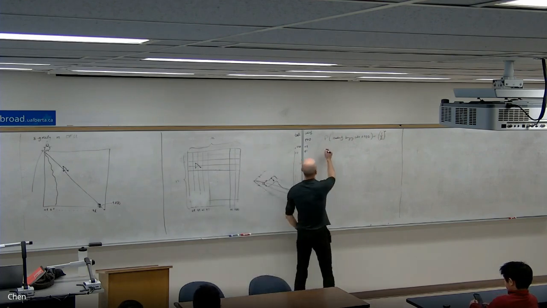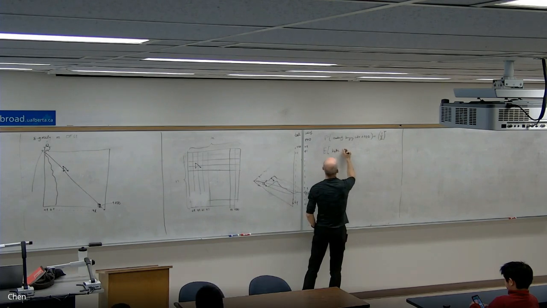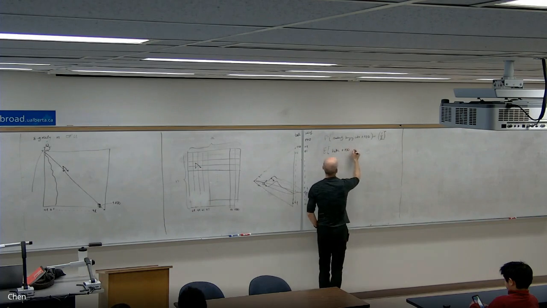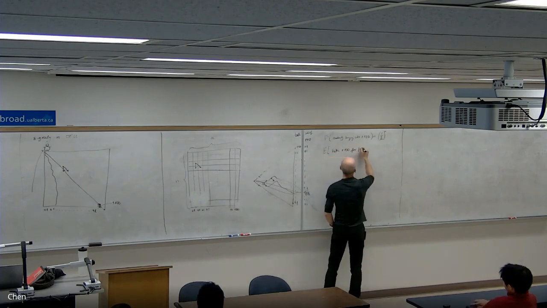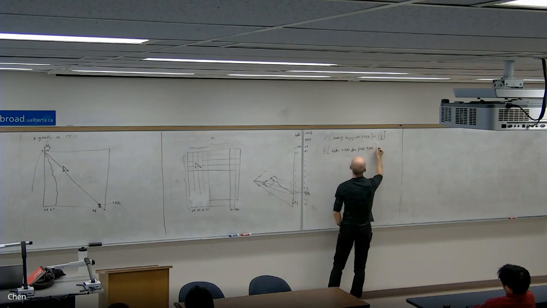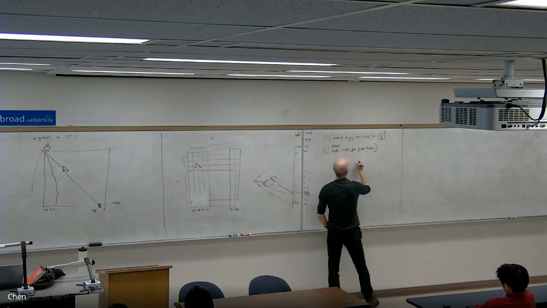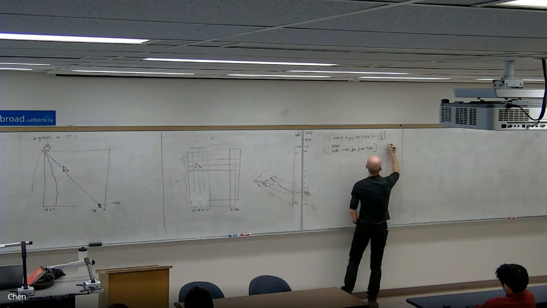So the expected number of full runs for hitting +100 for the first time is going to be 2 to the n.